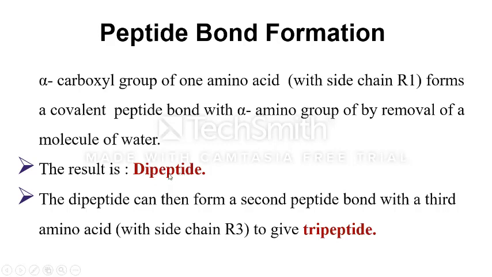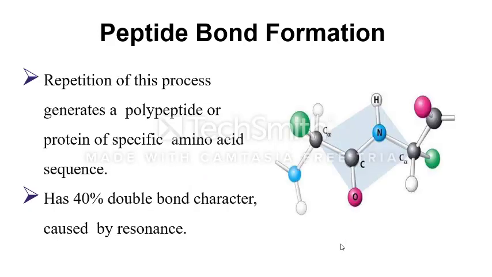The dipeptide can then form a second peptide bond with a third amino acid that will give rise to a tripeptide, and this way we get the polypeptide chain. The repetition of this process generates a polypeptide protein of specific amino acid sequence, and the bond has 40% double bond character. This is caused by resonance.